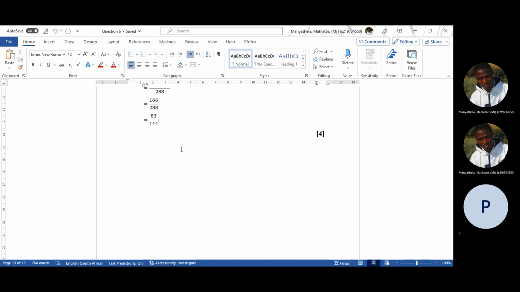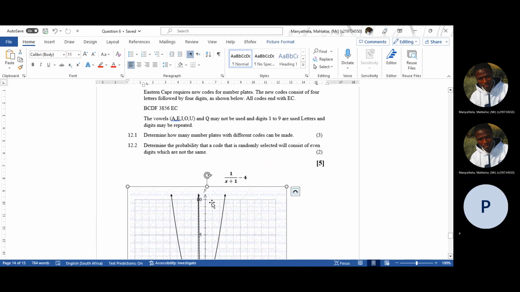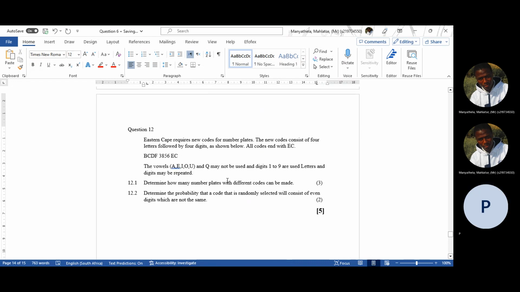We can go to the last question, which is only 2 questions. Okay, let me remove this graph here, and also this thing. It says Eastern Cape requires new codes for number plates. The new codes consist of letters followed by 4 digits.